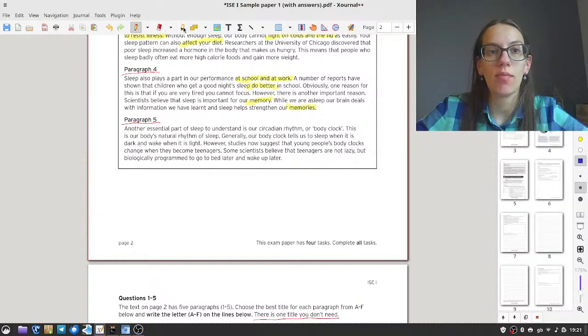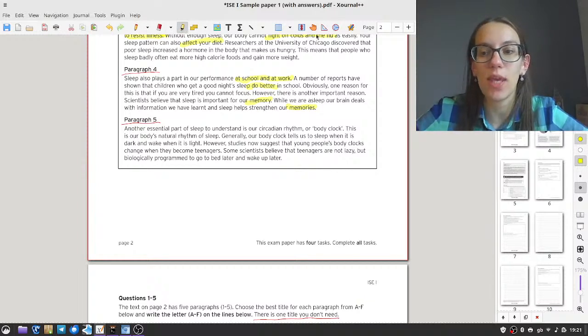So again, let's ask ourselves the question, what is the main topic here? So here we have the body clock, circadian rhythm or body clock. And also we have information about how it changes.